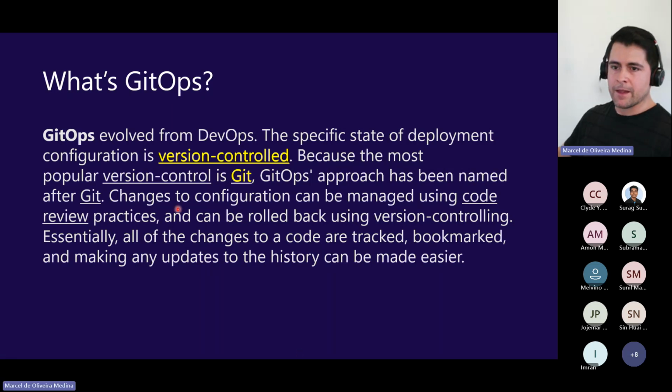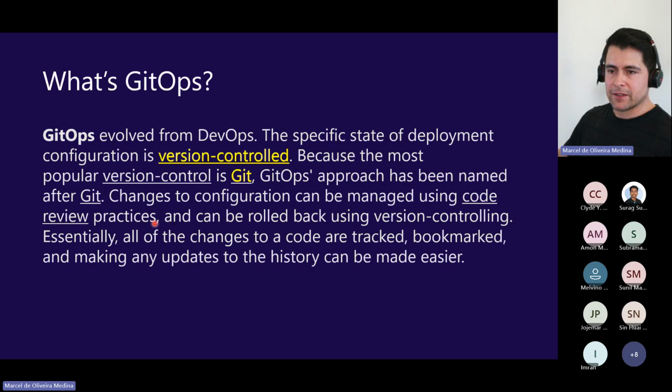Here we go. So to change the configuration, they can manage it through code review practices, through PRs, right? You create your code changes, you raise a PR, you have a review within the team. Once that's okay, it gets merged, right?